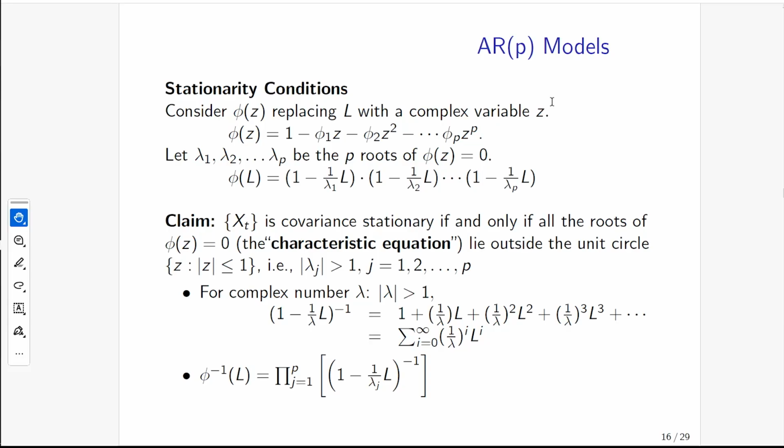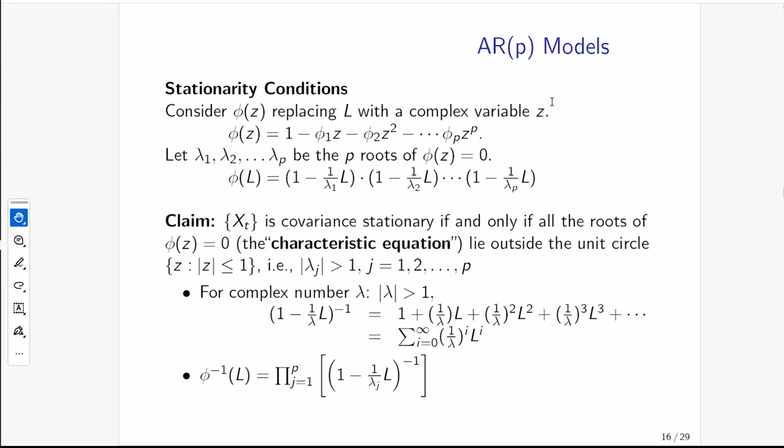And it turns out that for an autoregressive model with parameters phi1 to phi p, if we look at what's called the characteristic equation, 1 minus phi1 z minus phi2 z squared up to phi p z to the p power, we consider the roots of that polynomial.